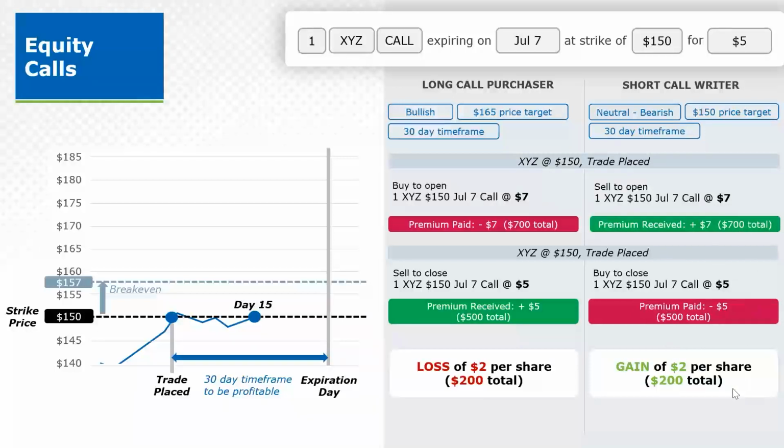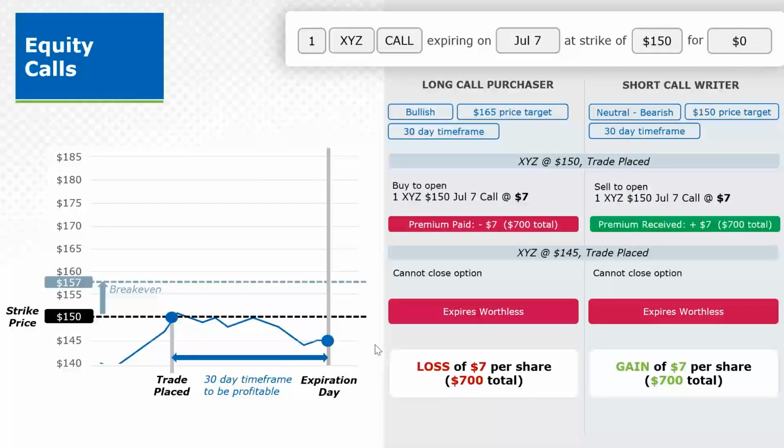He's now paying $5 to close it, and therefore receives a gain of $2 per share, or $200 total. So even if the stock didn't move, the short call writer was still benefiting from this neutral price action. That is a huge benefit for writing calls and put options, is that they can benefit in neutral market conditions.